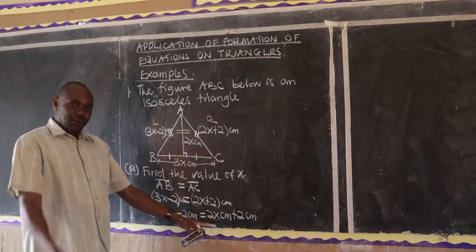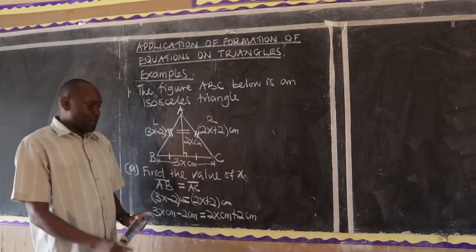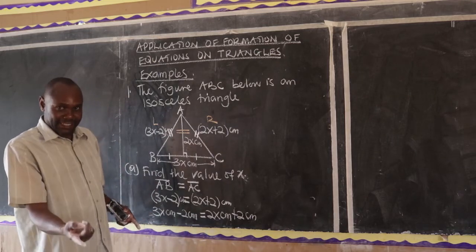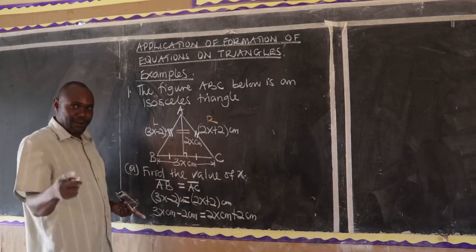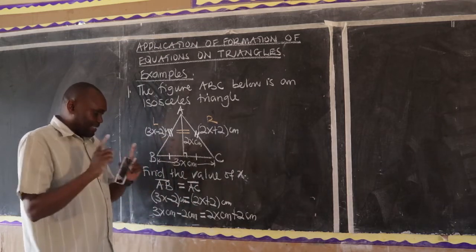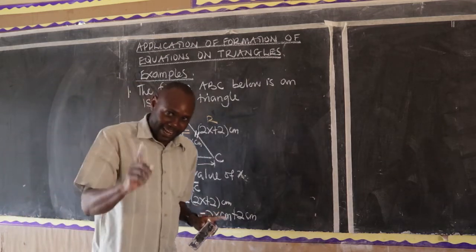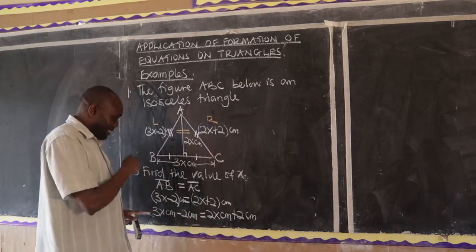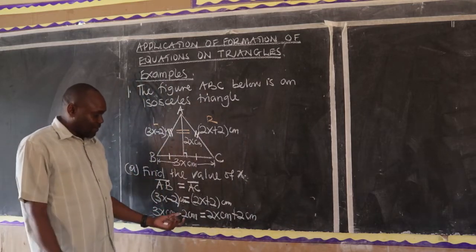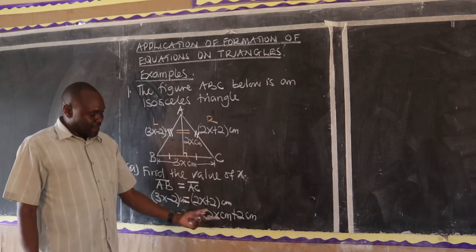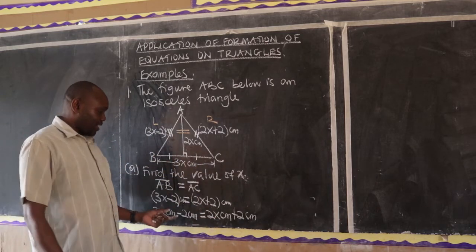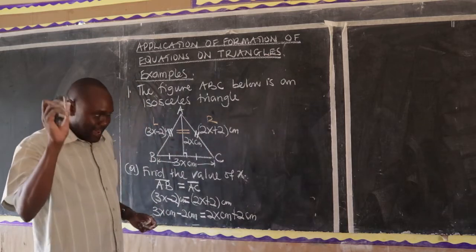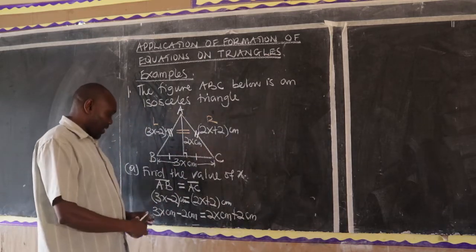After that, candidates, what's the next step? We have opened the brackets by multiplying the centimeters by each and everything inside the brackets. The next part is to collect like terms. Remember the other lesson we had, collection of like terms when the unknown is on both sides. And we say collect like terms one at a time.